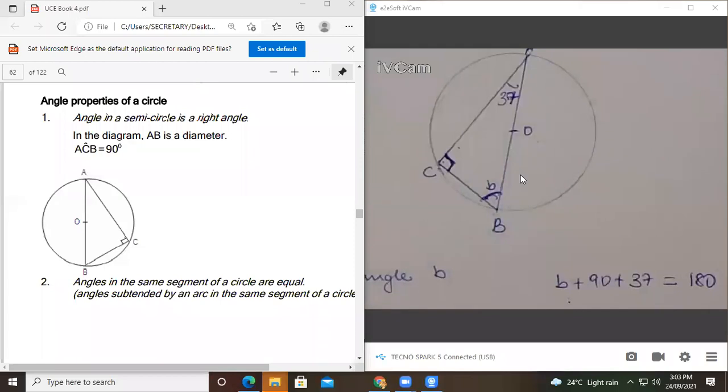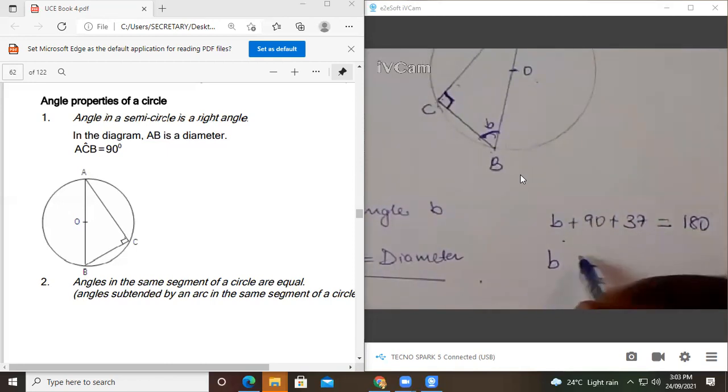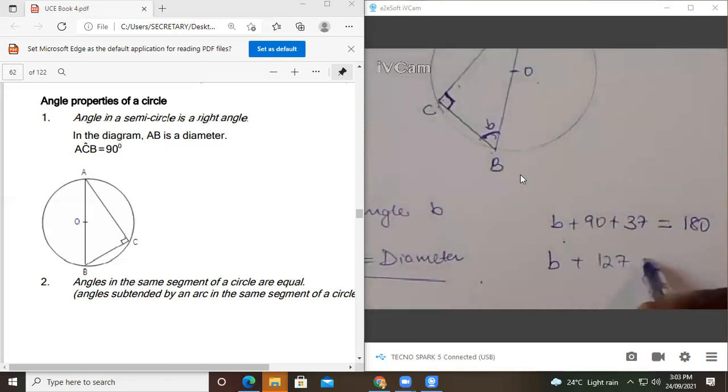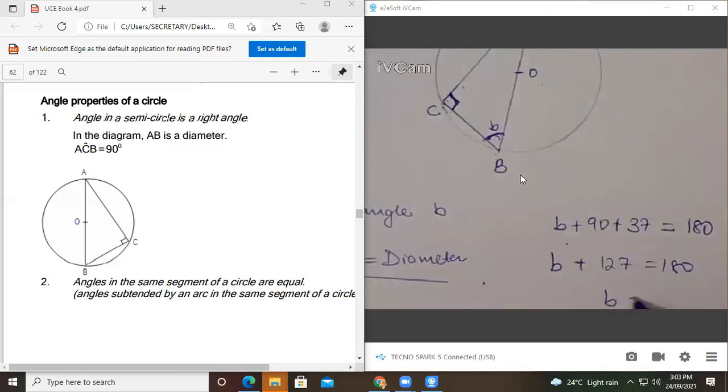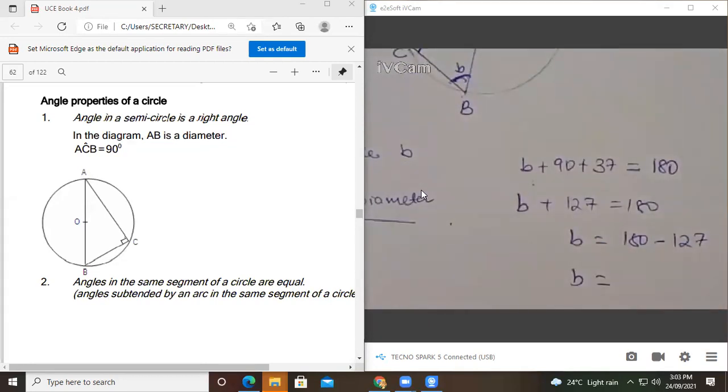What do you get? 127. 127 equals to 180. So B equals 180 minus 127. And our B is? Cynthia, what's the answer? Straight away.